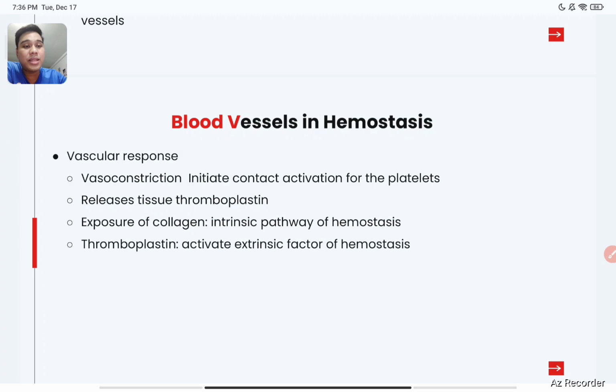And thromboplastin is the activated extrinsic factor of hemostasis. So basically, if there is something wrong with the blood vessel, it triggers a cascade that will ultimately activate din yung secondary hemostasis natin.